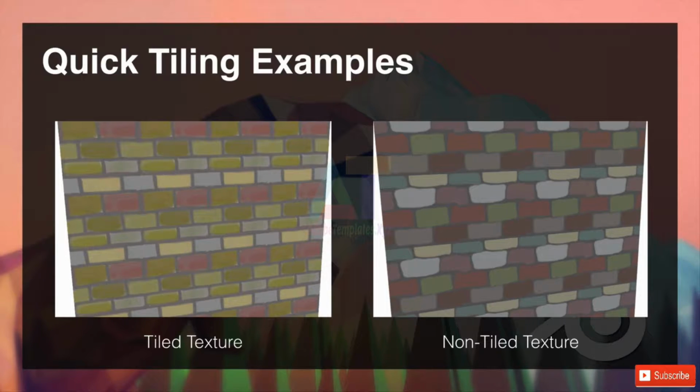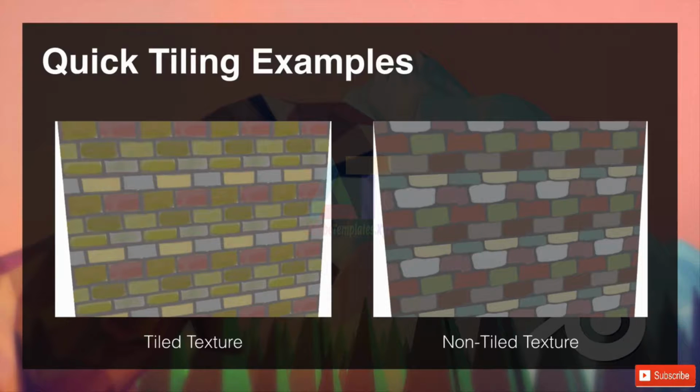If you start trying to tile textures that are not supposed to be tiled, that haven't had the forethought put into them to make sure that they can be tiled, then it's going to stand out like a sore thumb. The other thing to bear in mind is that if your texture covers the entire surface of the area that you want and no tiling is necessary, then of course a non-tile texture is absolutely fine.